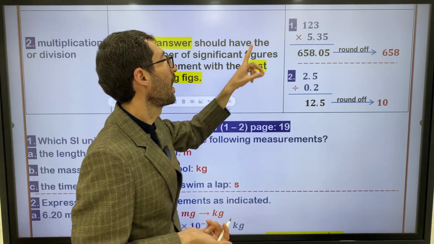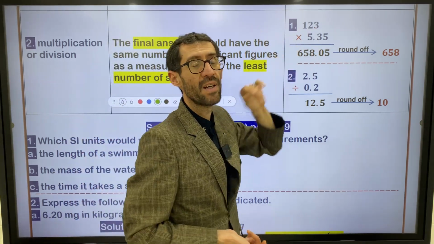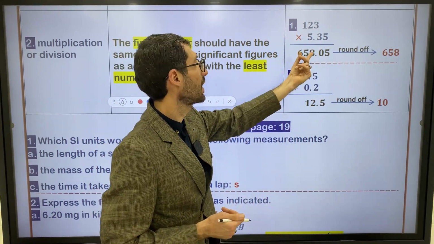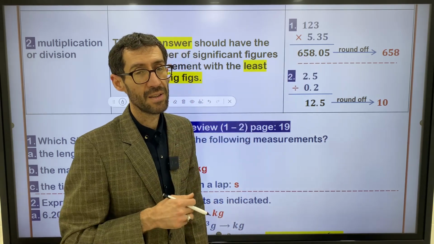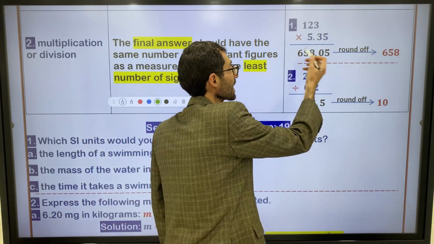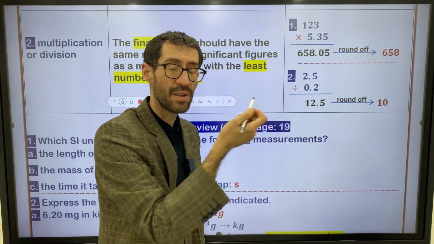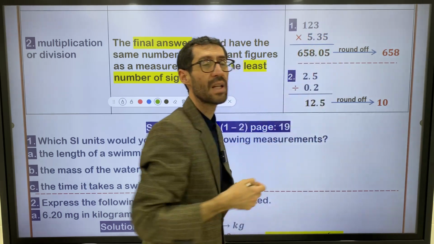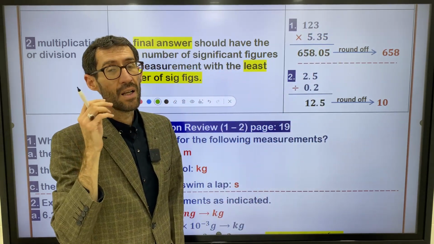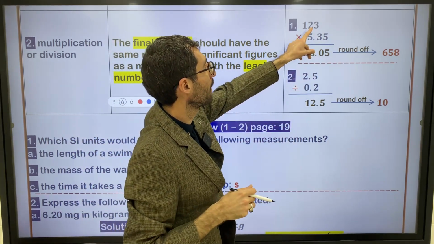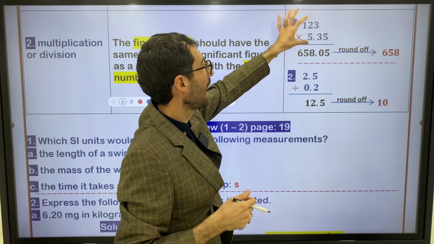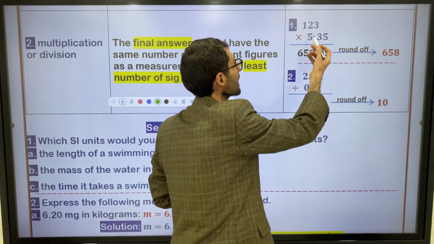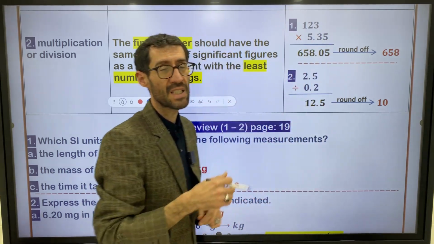Example number 1, 123 multiplied by 5.35. After the calculation, you get this number. This is the result. The result should have the significant figures of the number with the minimum significant figures.